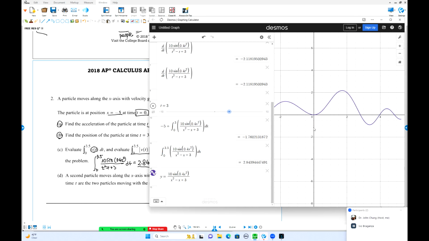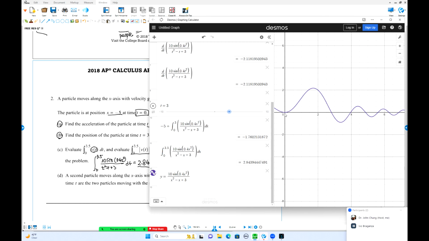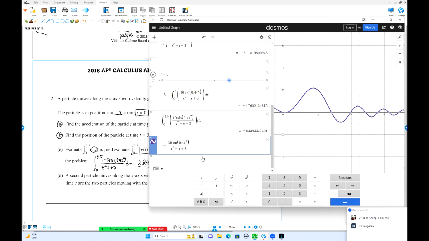But from 0 to 3.5, I'm gonna cut up the range over here, okay? x equals 0 to 3.5. Cut up over here, 3.5 over here, right?